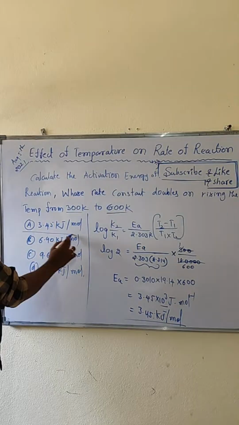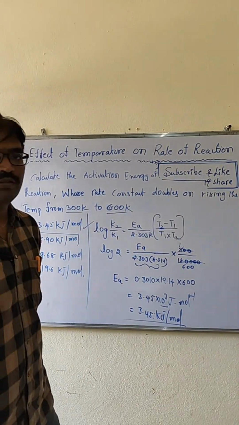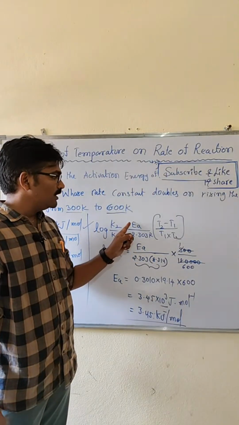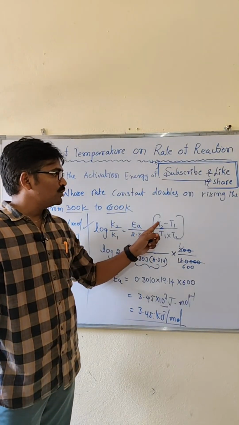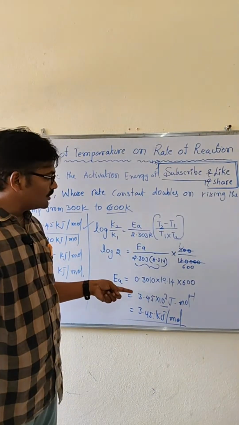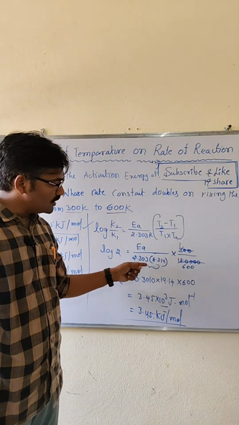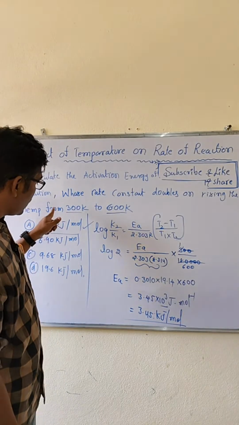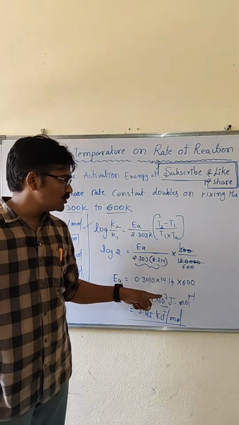So this is the question. Do all of you understand? What formula do you have to use? Log K2 divided by K1 equals Ea divided by 2.303 R, into T2 minus T1 divided by T1 into T2, with log 2 on the left. The R value you have to substitute in joules because the options are in joules.